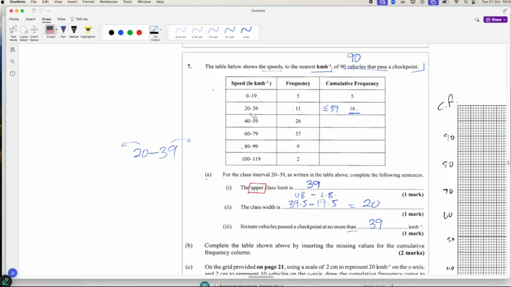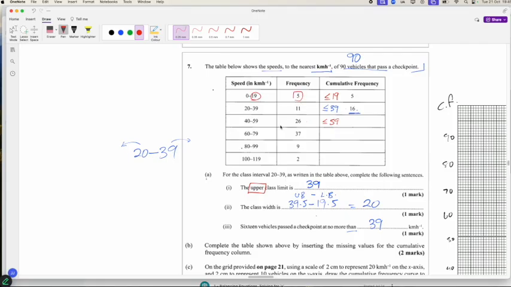11 plus 5. And that's how we get the rest of the cumulative frequency. You basically just add the one on top to the one on the bottom. The people who are doing 19 kilometers or less is 5 people.